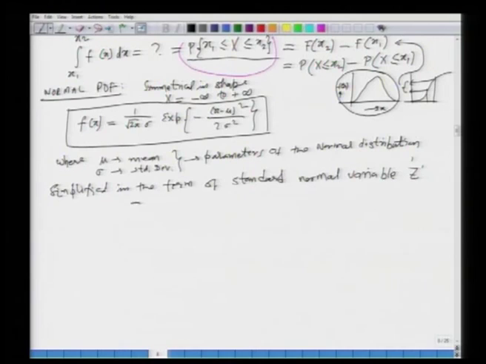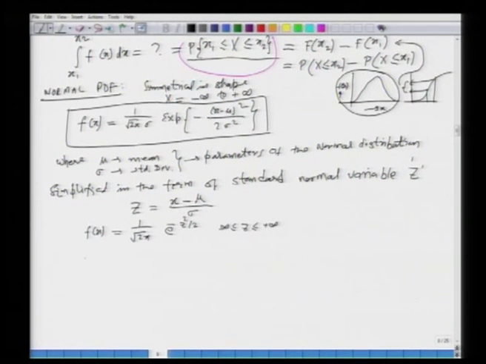How is that defined? Z is nothing but your actual variable minus the mean, divided by the standard deviation. Once we use this transformation, the equation for your PDF will become e to the power minus z squared by 2, and z will also go from minus infinity to plus infinity.